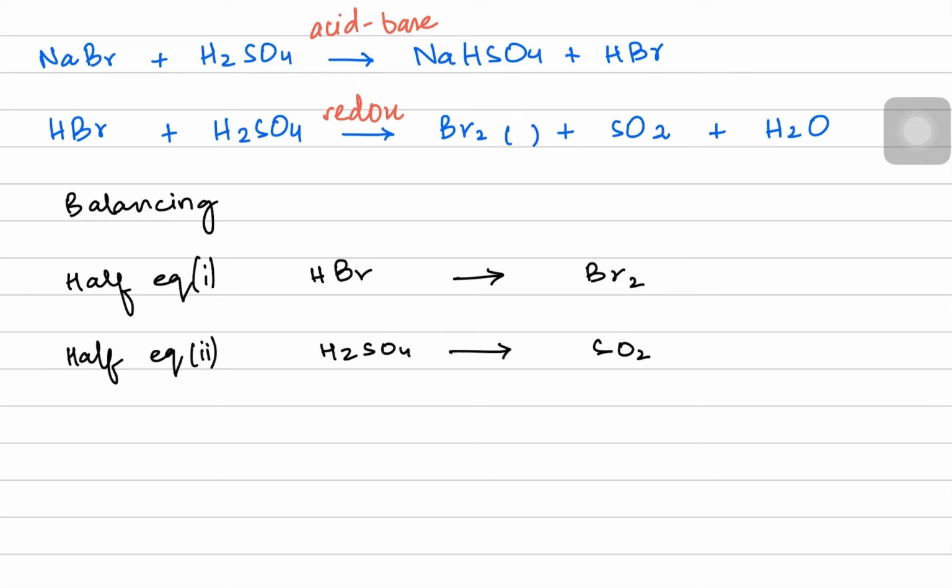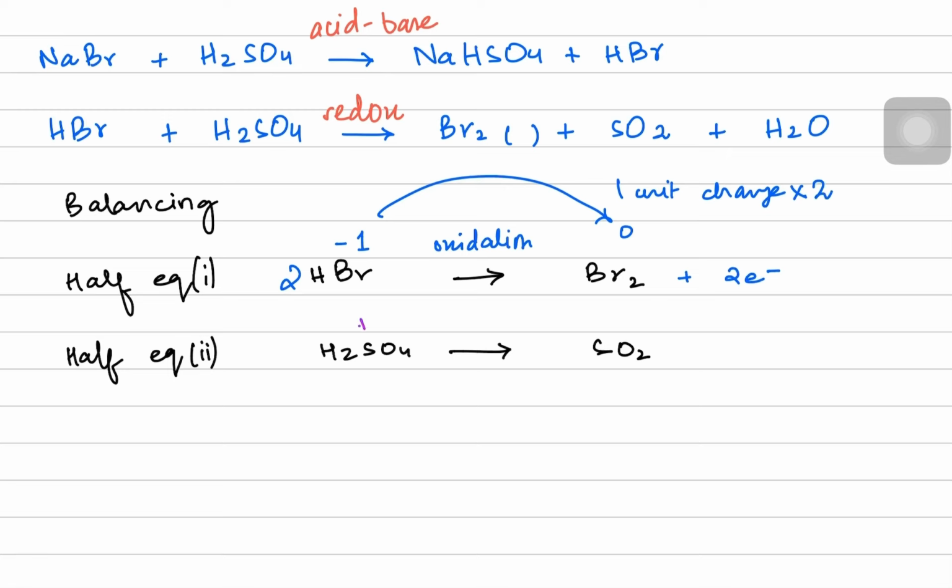The first equation is not balanced even in terms of the bromine atom, so I'm adding a double. The oxidation number changes from -1 to 0, so basically that is an oxidation because each bromide is converted into a bromine atom. There's a change of 1 unit in oxidation number. That is why 2 electrons are lost overall by 2 HBr.